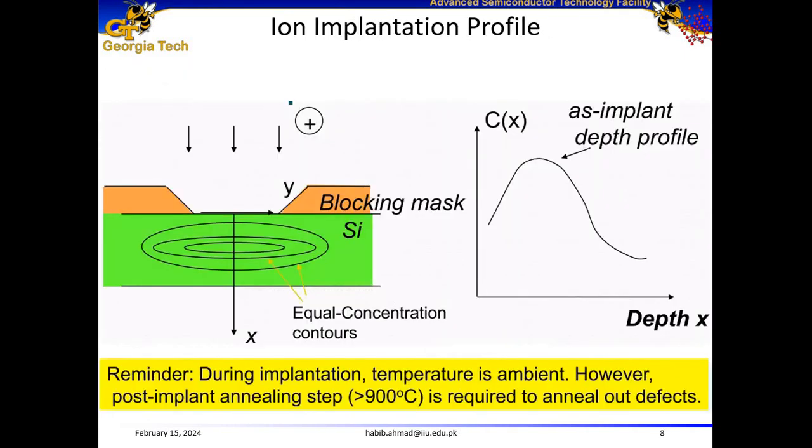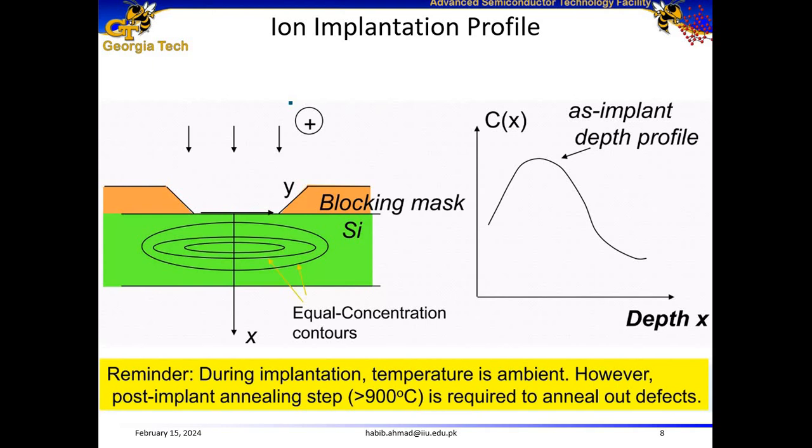Then I'm going to skip some slides and just focus on the essentials. So assume that we want to implant ions into a silicon substrate, and assume this is the direction of the ion implantation. So these ions are going to strike the surface of the silicon substrate at certain energy levels.